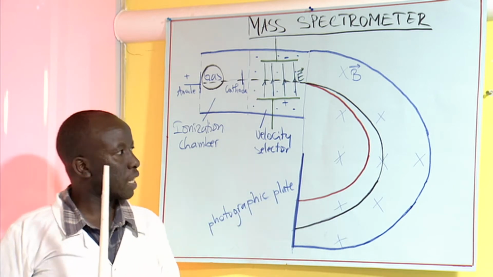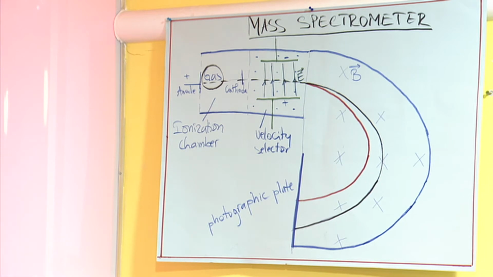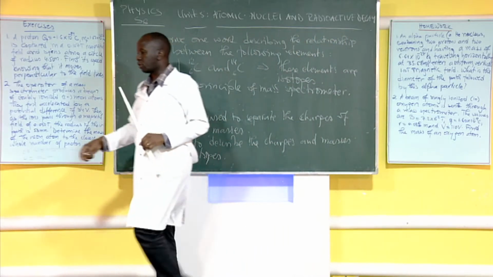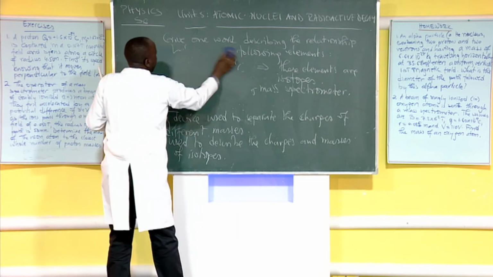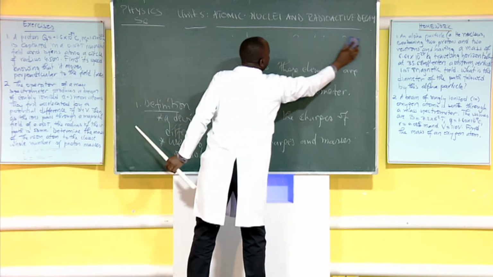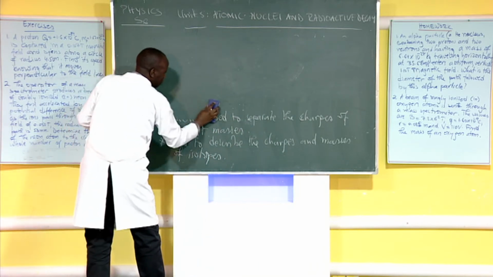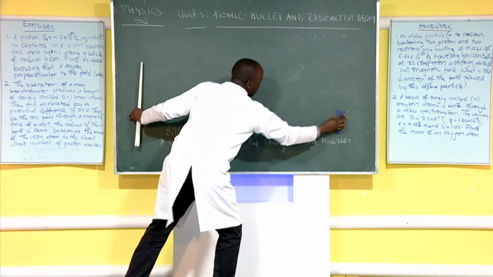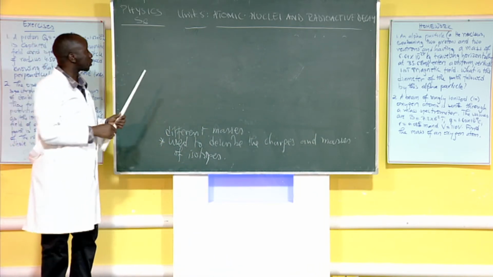Now, students, let's have the analysis of this in terms of formulas and expressions. I hope you have finished copying this, because this is what I told you to write down, the explanations. Let's leave this one for you to continue.